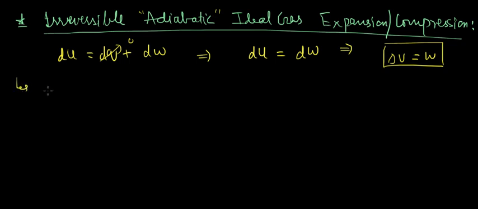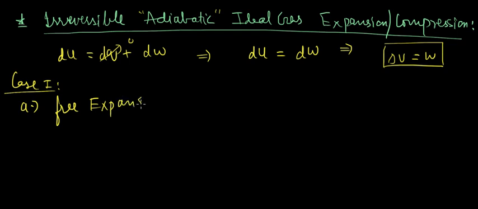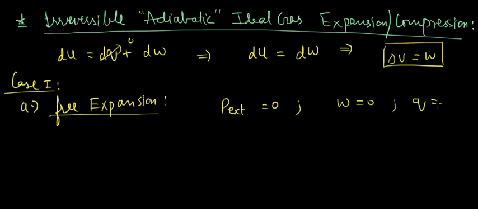So let's see this case by case. The first case is free expansion. In free expansion we can write that P external would be equal to 0 and work done would also be equal to 0, and we already have the adiabatic process, hence Q would be 0. So from here delta U, which is dW plus dQ, both work and heat exchange are 0, so the change in internal energy would be 0.